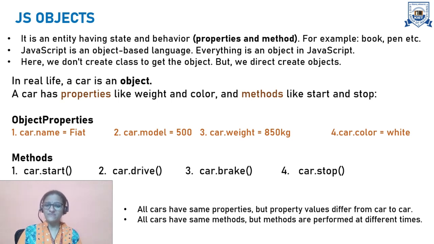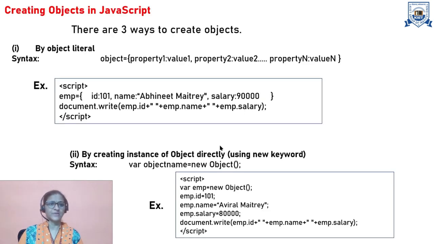There is definitely the weight of the car, but it can vary. So cars have the same properties, but their values differ because it depends on the type of car. It differs from car to car, but definitely they have the same properties. Values can differ.